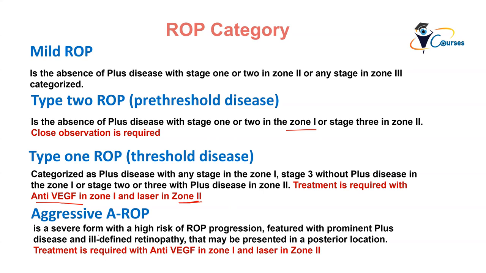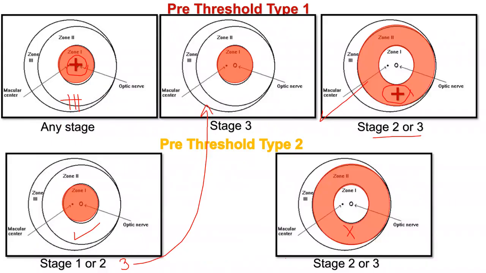There will be highly engorged blood vessels and ill-defined retinopathy that may present in the posterior location. Those patients should be treated with anti-VEGF in zone 1, and laser in zone 2. I hope this is not too difficult to memorize, but if you visualize this slide like a diagram, it will be much easier to remember these stages.